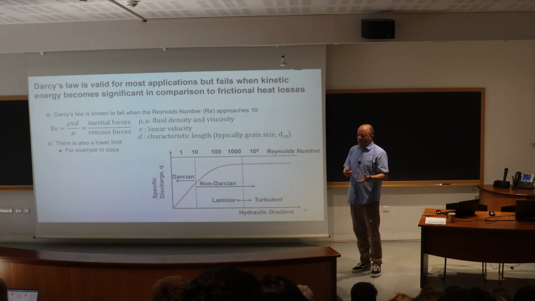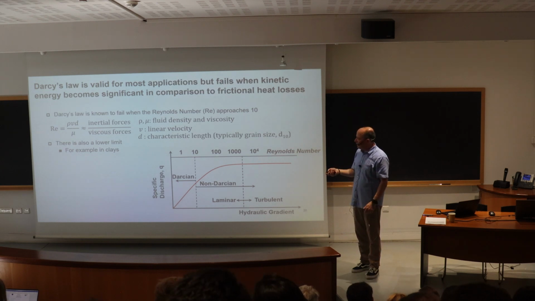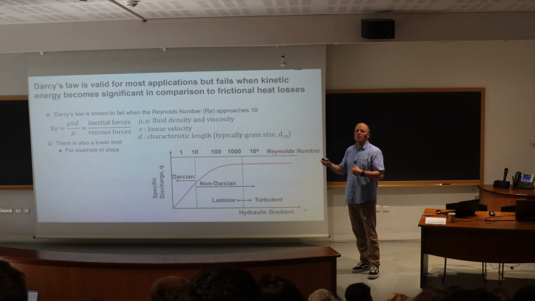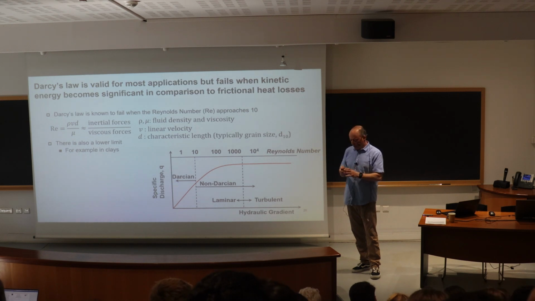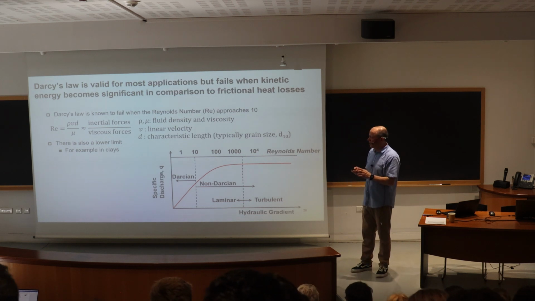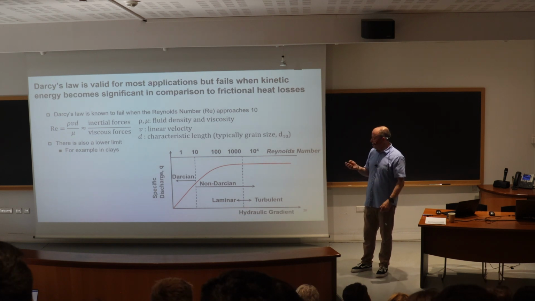And for other people who are interested in super low hydraulic conductivity material like clays, they might see a threshold effect. So even if there's a gradient applied to the clay, there's no flow. But very challenging to measure any flow in the clay, even with some gradients. But again, for most practical applications in groundwater hydrogeology, we assume that Darcy's law is valid.